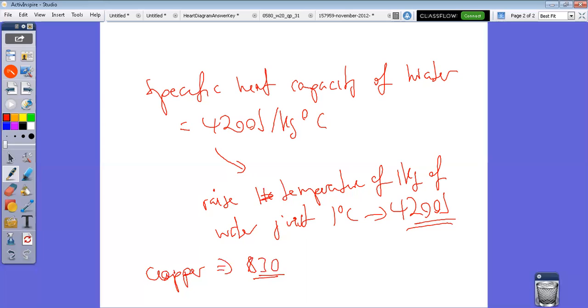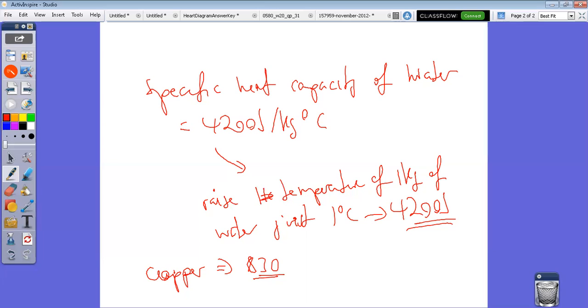So if I'm given two materials, one has a high specific heat capacity and the other a low specific heat capacity, it means the one with a high specific heat capacity is a poor conductor, because I need lots of energy to raise the temperature of 1 kg of that substance by just 1 degree.